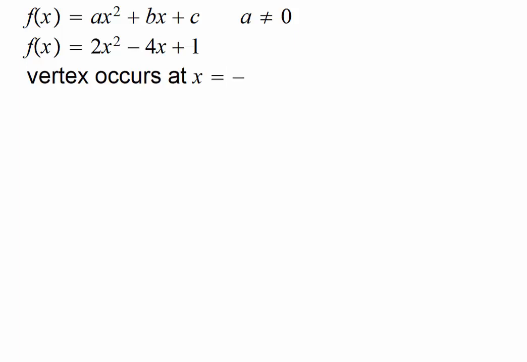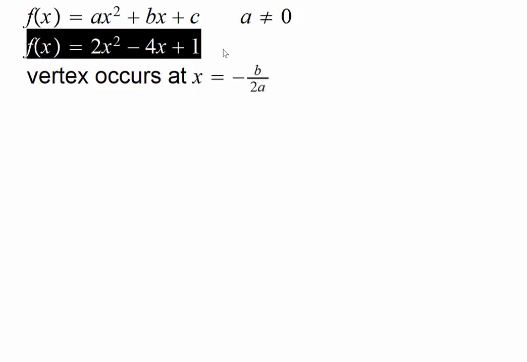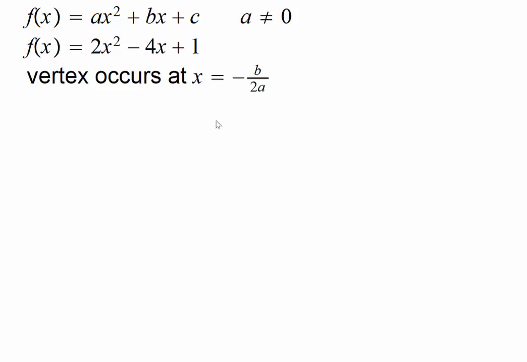So for this example, a is 2, b is negative 4, and c is 1. We don't need c at the moment, so we'll just use negative b over 2a.